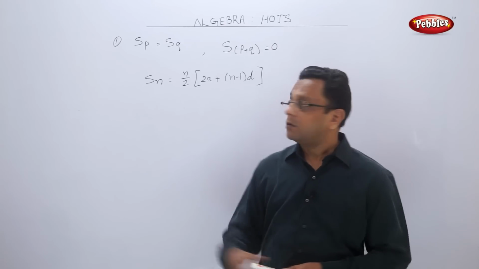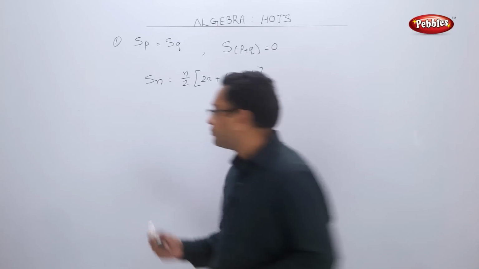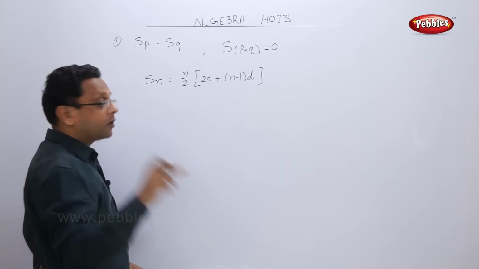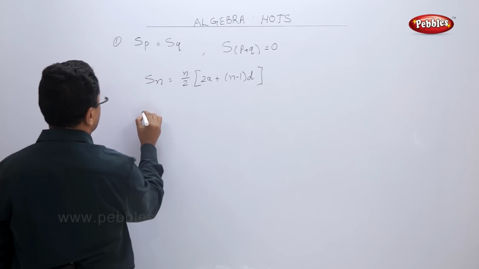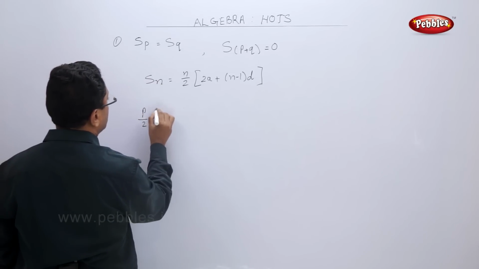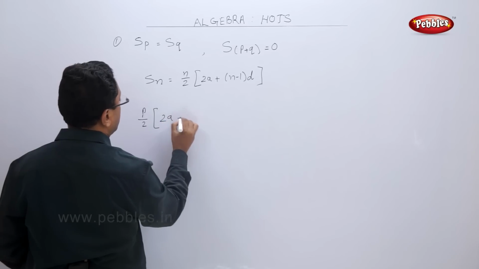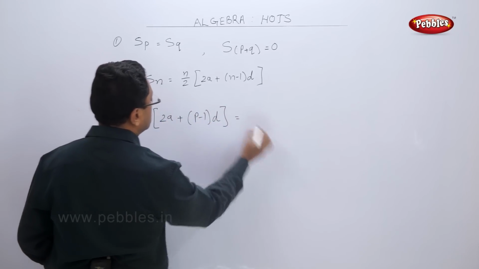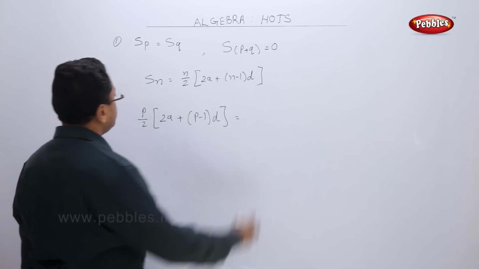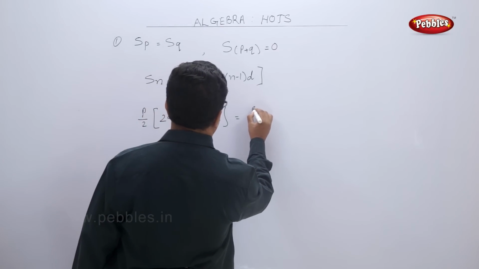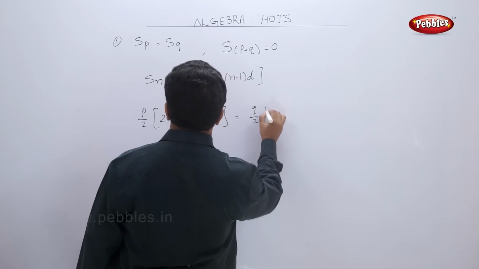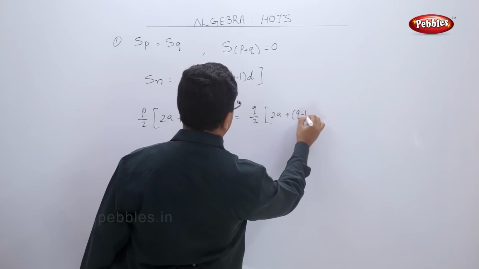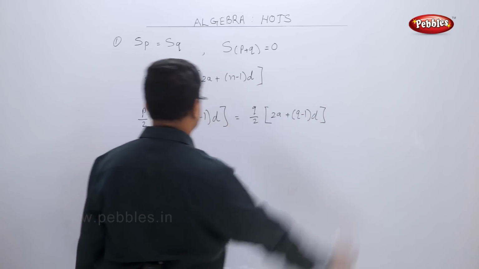Now let us solve what has been given. We will substitute P first for SP. So we have P upon 2, 2A plus P minus 1 D is equal to Q upon 2, 2A plus Q minus 1 D.